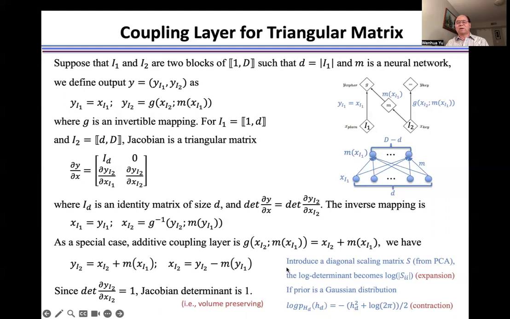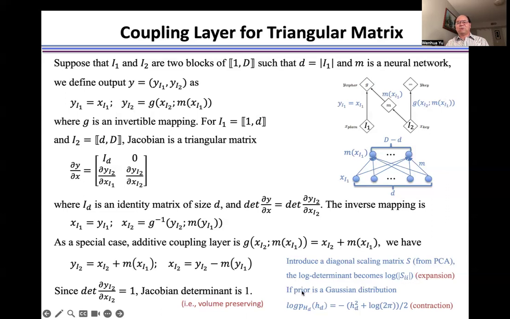To solve this problem, we introduce a diagonal scaling matrix S that is related to principal component analysis. So the log determinant becomes log S_ii. So we use it for expansion.